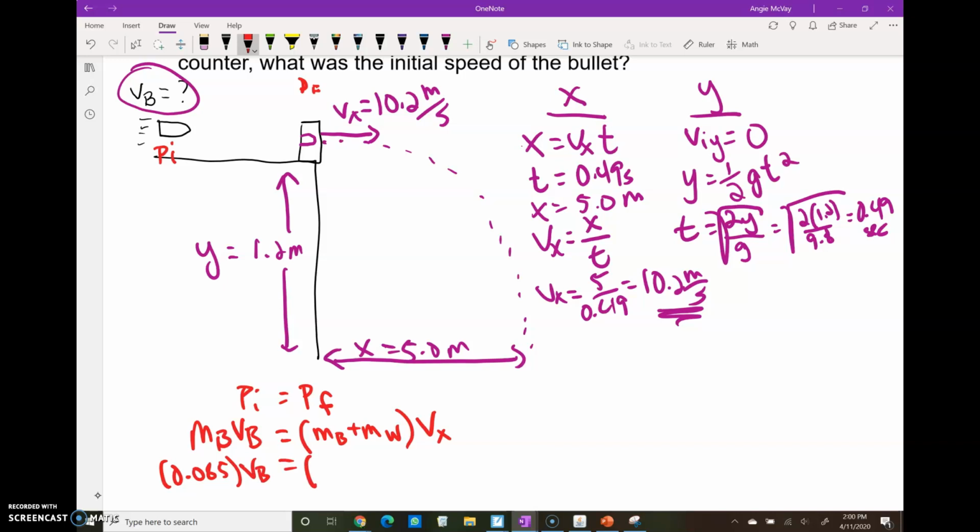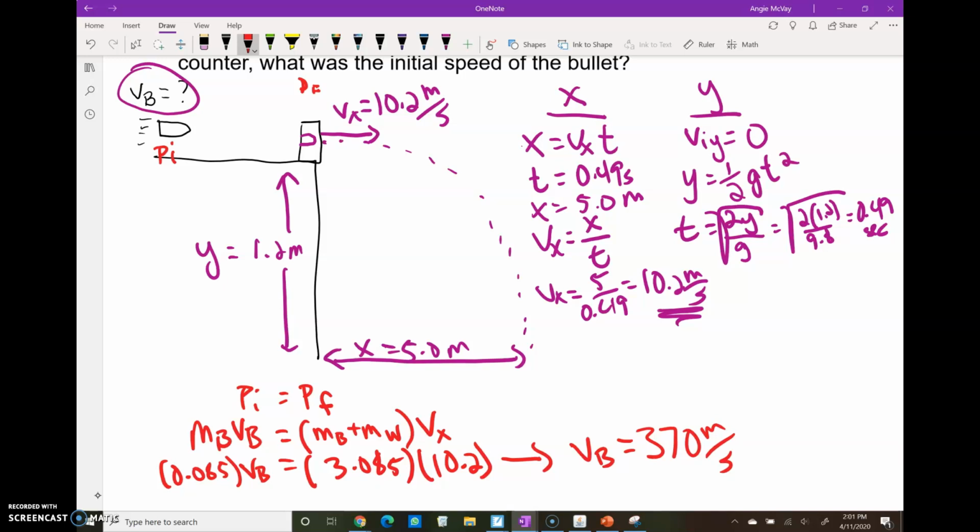The mass of the bullet and the wood together is 3.085 kilograms times 10.2 meters per second. And when we solve that problem, we end up with the velocity of the bullet when it was traveling by itself is equal to 370 meters per second.